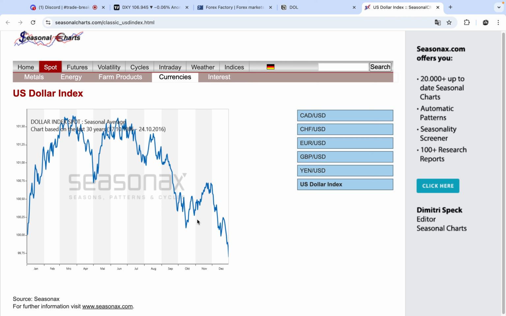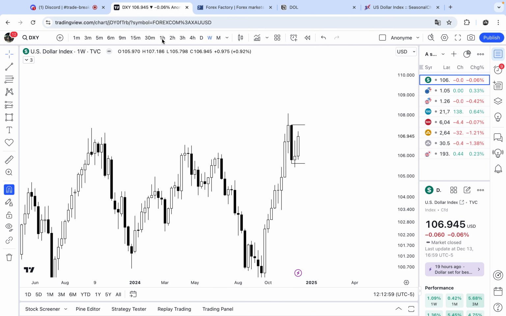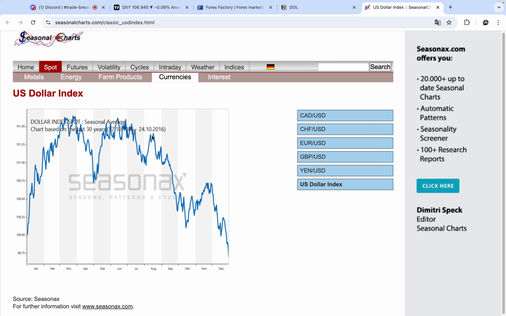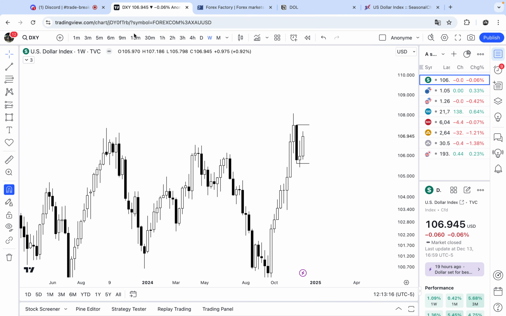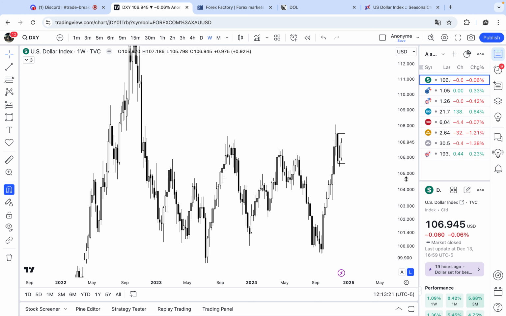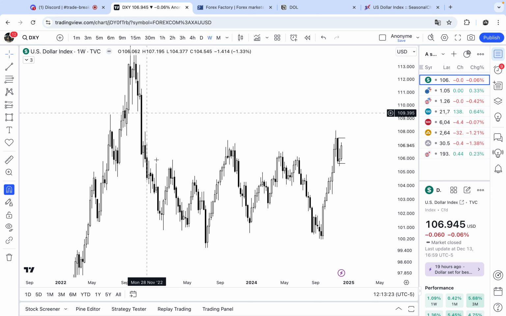But what I'm seeing here is that we got one point and two points here, right? And if I look at the DXY, look what we see: one point, two points. You got this big expansion.